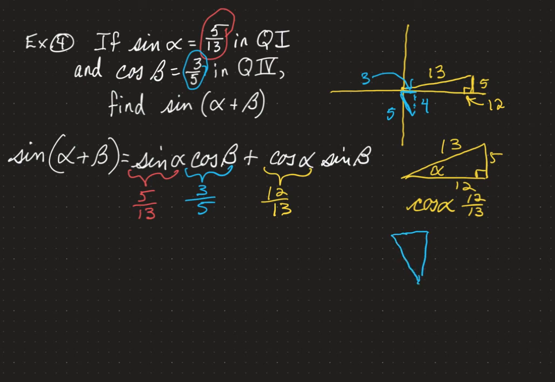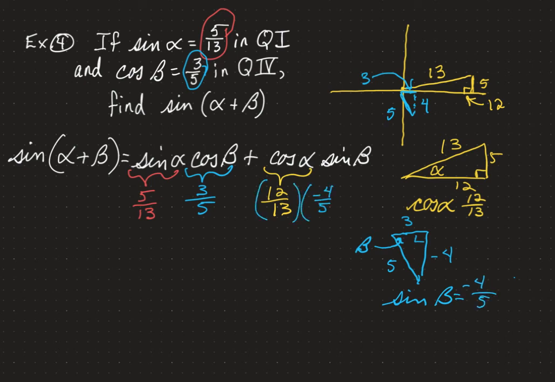Quadrant 4, our y value will be negative 4. 3 and 5 are the sides of the 3, 4, 5, right triangle. And I need the sine. Oh, and where's beta? Right in here. So the sine of beta would be the opposite, which is negative 4 over the hypotenuse, which is 5.